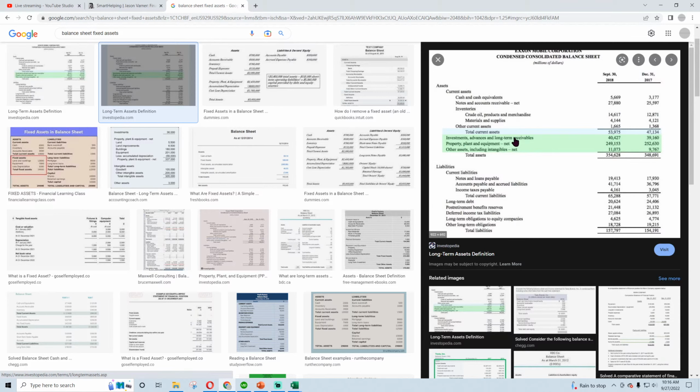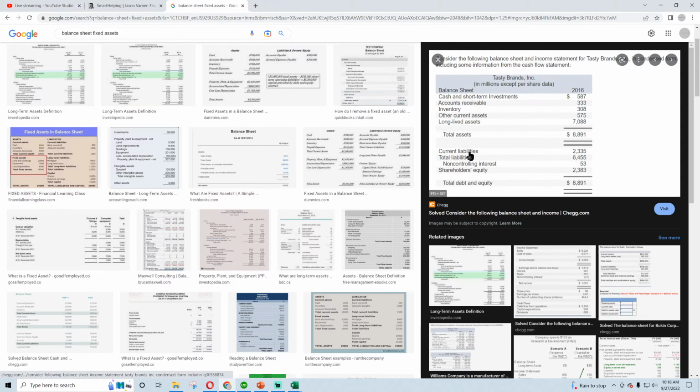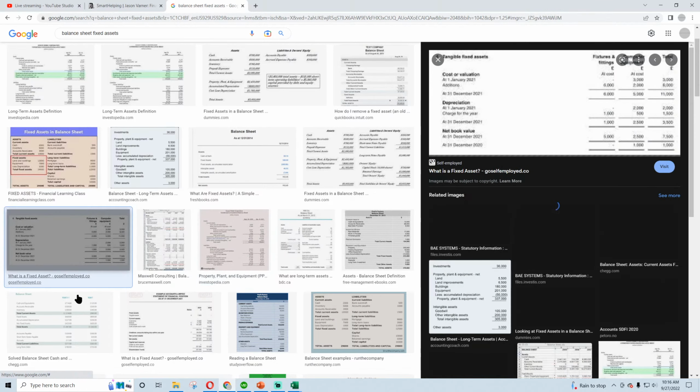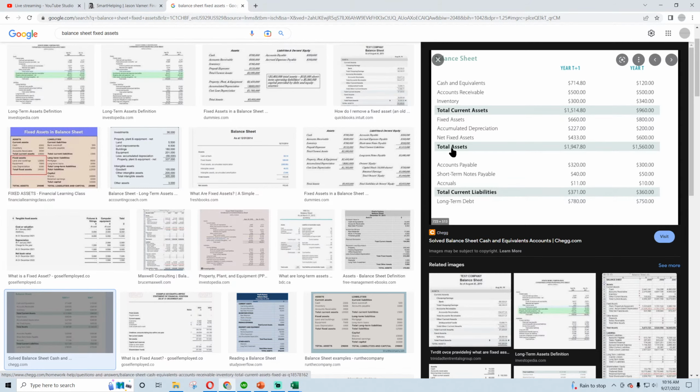I don't believe that's going to be relevant for this. Property, plant, and equipment, and other assets, including intangibles. So, yeah, this looks completely good. Long-lived assets. I've never heard that term before. I'm just seeing a couple formal terms.